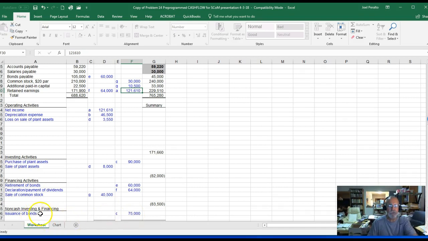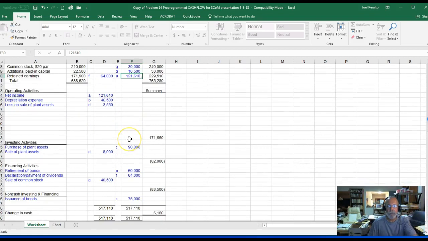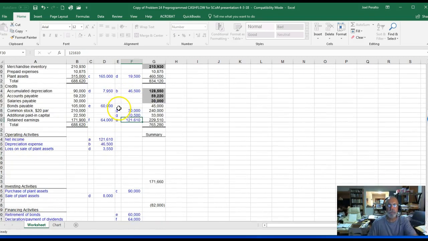Since we issued these bonds, we're showing them on our statement of cash flows as a non-cash transaction, but we also need to reflect that transaction C up above in the bonds payable account, since we issued $75,000 of bonds, and so that results in a balance of $120,000. And let's see if that agrees with the amount in the textbook under bonds for 2013, and it does.